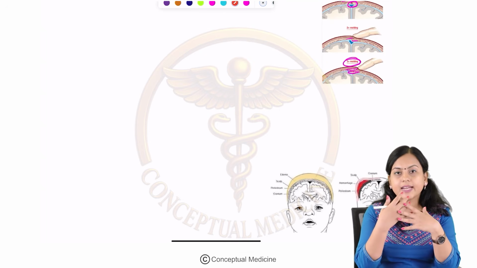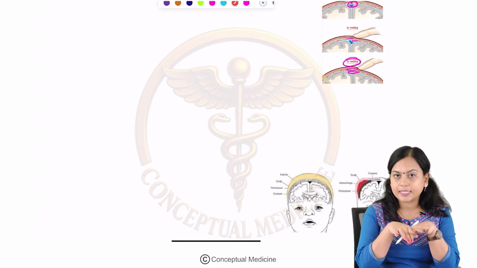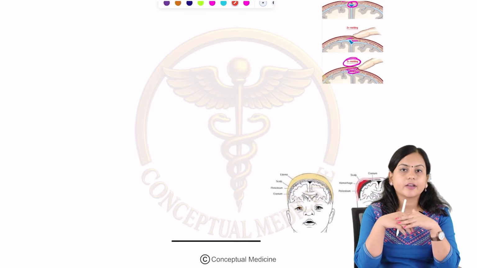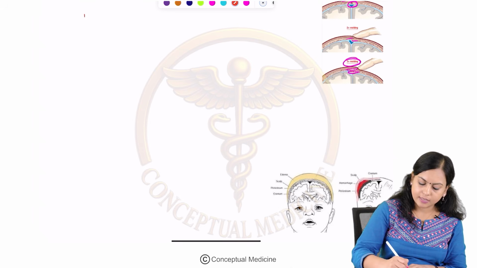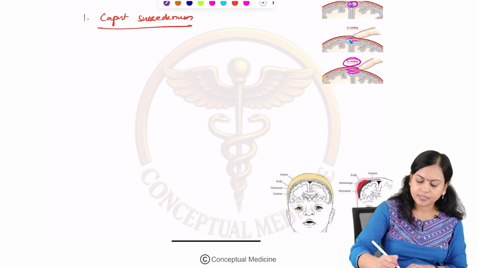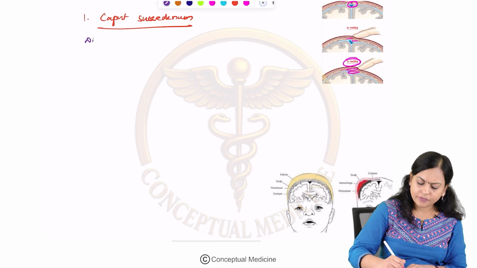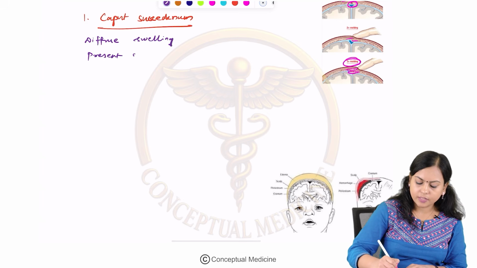Now, there can occur various swellings over the fetal skull as the baby is getting delivered, okay, and they are important in the post-delivery management of the baby, okay. So, we will see one by one. Number 1, it can be a caput succedaneum, okay. So, what is caput succedaneum is, it is a diffuse swelling present over the fetal skull.